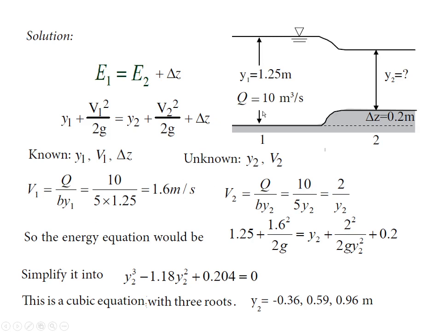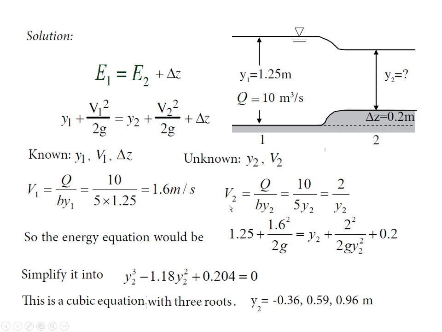How about the velocity above the hump? I know that the multiplication of velocity and area must give me the discharge, because discharge is constant along the channel. Therefore, I can find a relation for V in terms of y.